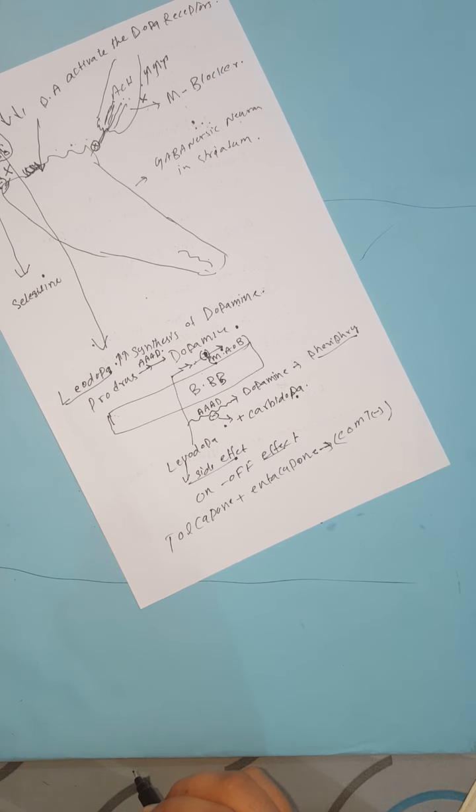COMT converts L-dopa into 3-O-methyldopa, a partial agonist at the dopamine receptor. These drugs inhibit COMT and enhance levodopa uptake and efficacy.